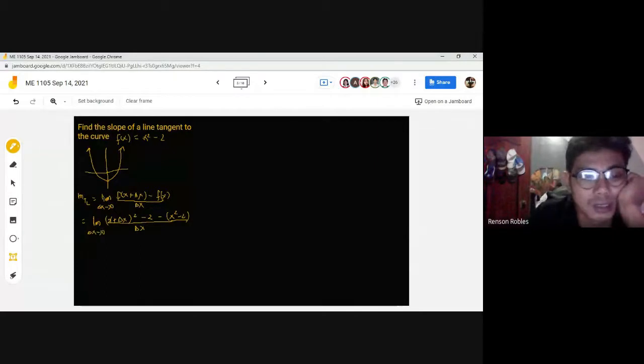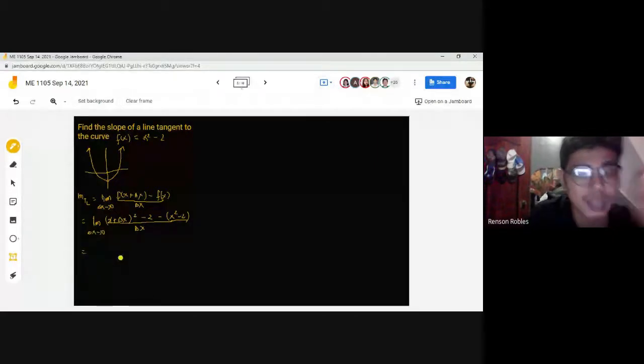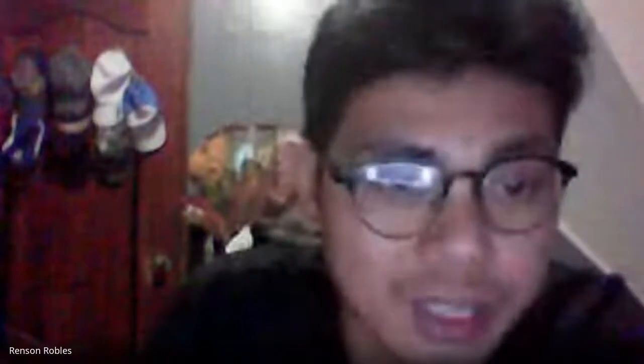Then equals, we just simplify. Limit as delta x approaches 0. We just simplify the numerator because our goal is to eliminate this denominator. So you have x squared, you just expand, plus 2x delta x plus delta x squared. Then you copy minus 2. And then you distribute this minus sign to each term inside. And that will give you negative x squared plus 2. And then you can combine things that can be added. X squared minus x squared, negative 2 plus 2.